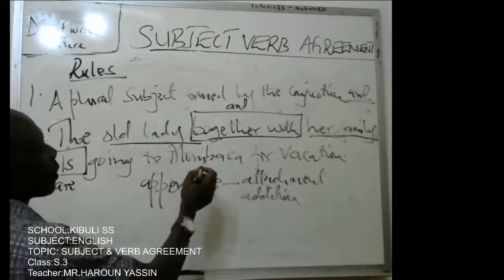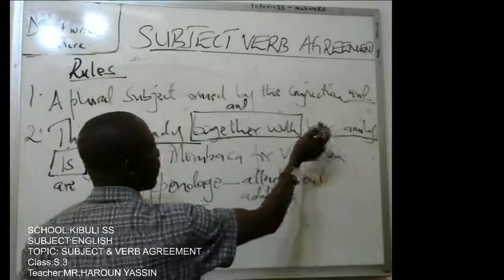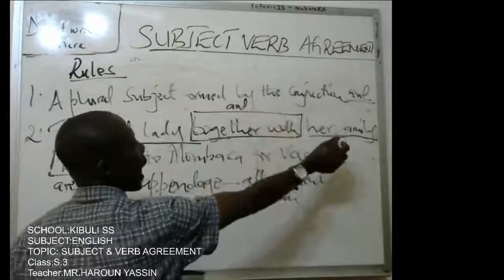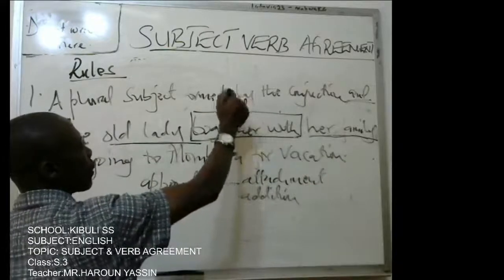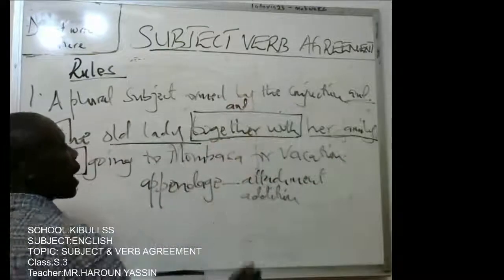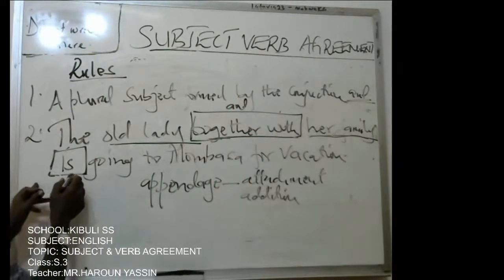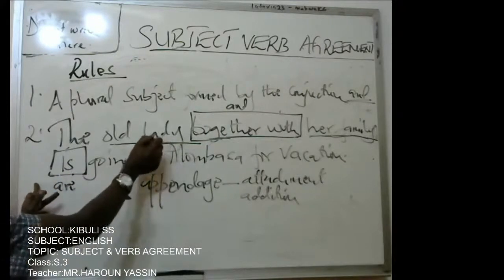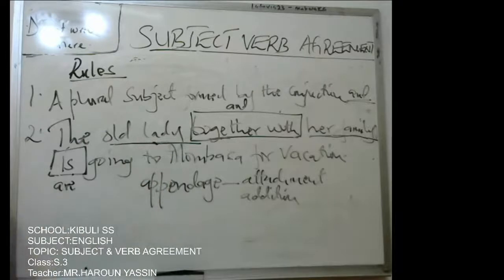The phrase together with simply introduces an appendage, but it does not add to make it a plural subject, like the word and would. So that's why we are using the singular form of the verb to be, to agree with the singular subject which we have as the old lady. So that is the sentence we have there. Okay.